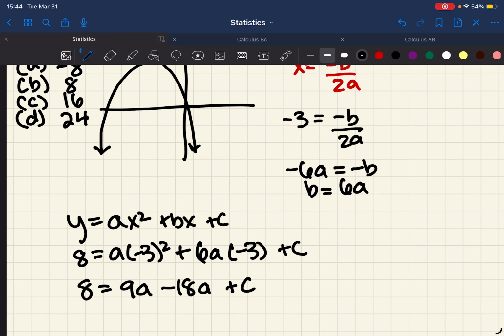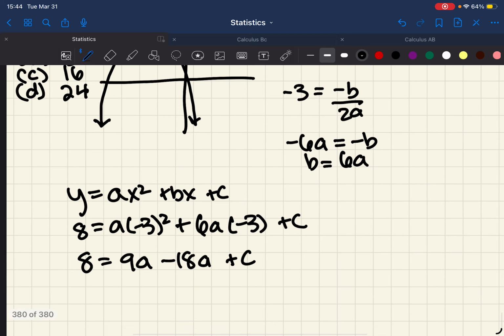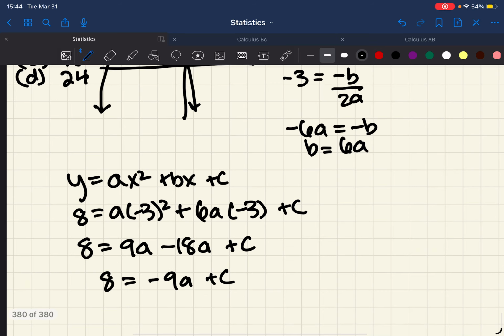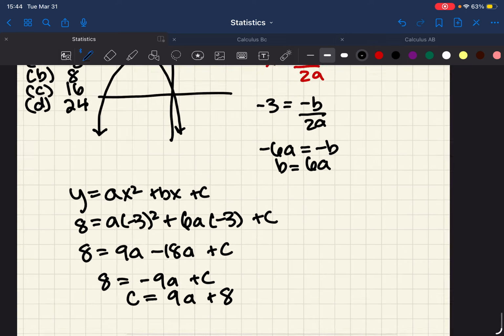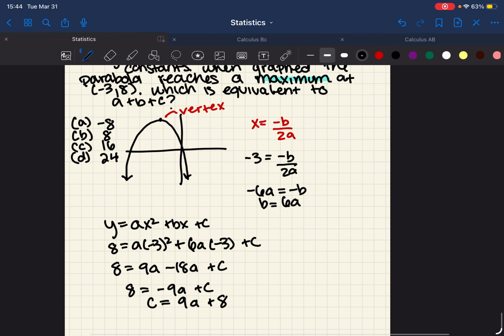So now I have a and I have b, so from here I should try to get an equation for c. Simplifying this, I get 8 equals -9a plus c. I would add 9a to the other side, and so I get c equals 9a plus 8. Now remember it wants us to find a plus b plus c.